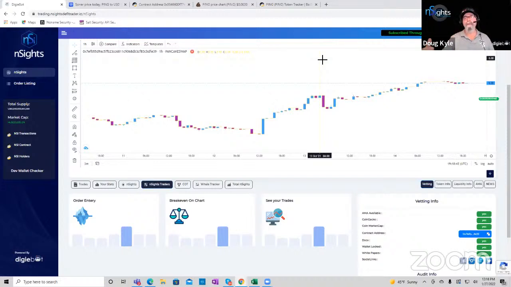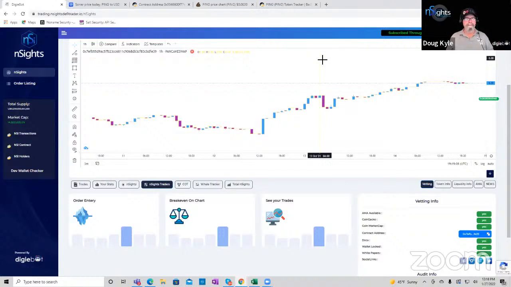It's just not as easy for us to track. So the reason we will require people participating in those token giveaways to execute the trades on nSights is that it makes it easier for us to track. Either way, we get volume, and we're thankful for people trading our coins.